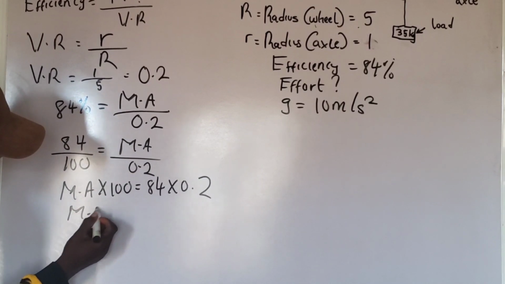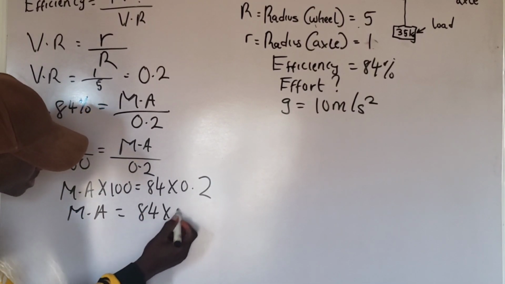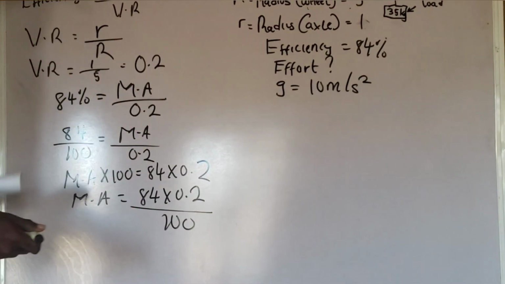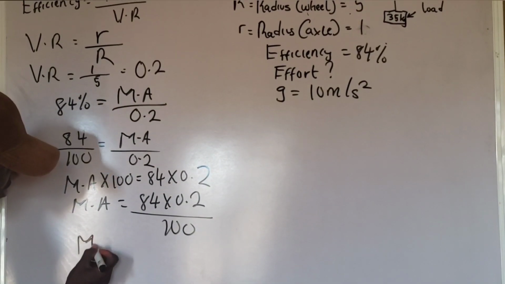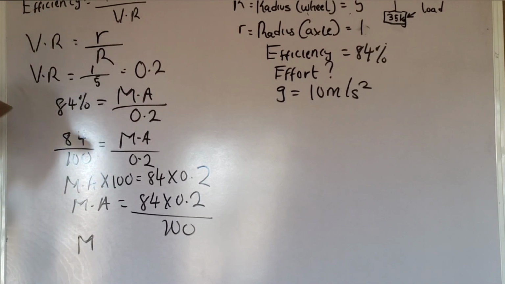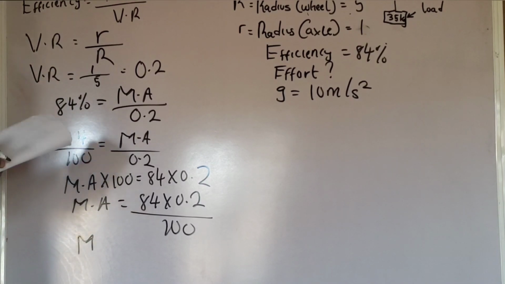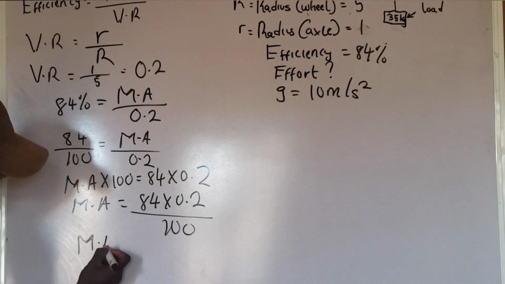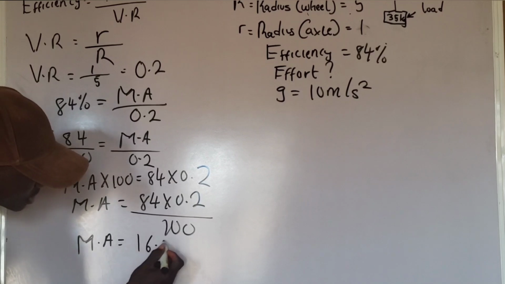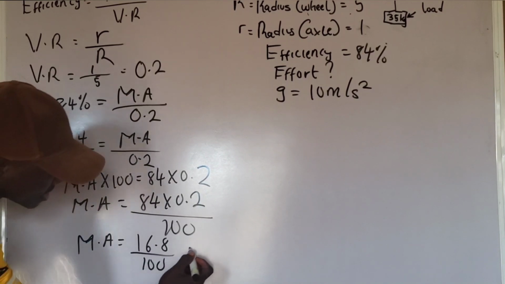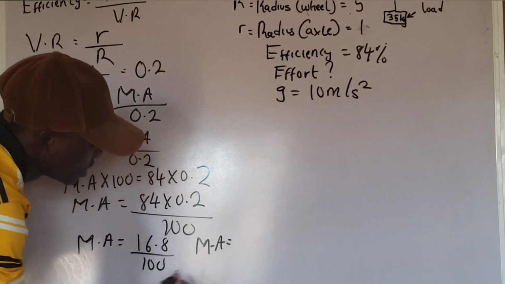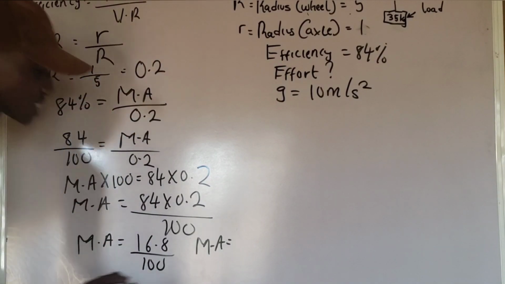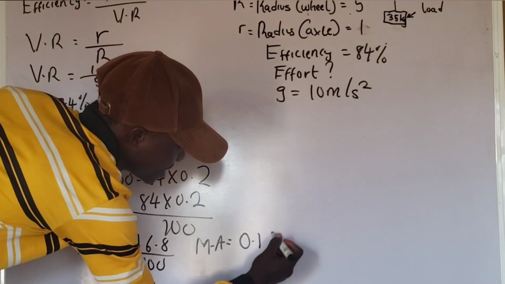For this, I'm going to have mechanical advantage equals 84 multiplied by 0.2 all over 100. 84 multiplied by 0.2 is 16.8. So mechanical advantage equals 16.8 divided by 100. That will be 0.168. You understand?